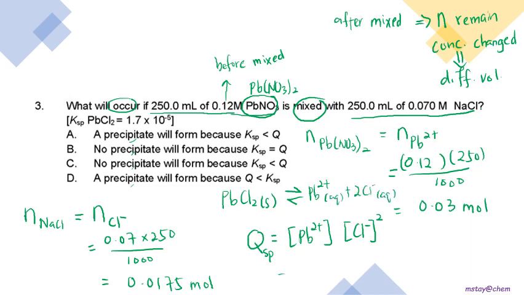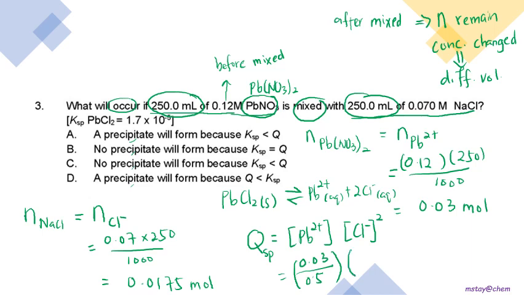The concentration of Pb2 plus that we calculated is 0.03 mole, but don't forget we need to convert it to concentration. The volume after mixing is 250 ml plus 250 ml, which is 500 ml, so we divide by 0.5 liter.